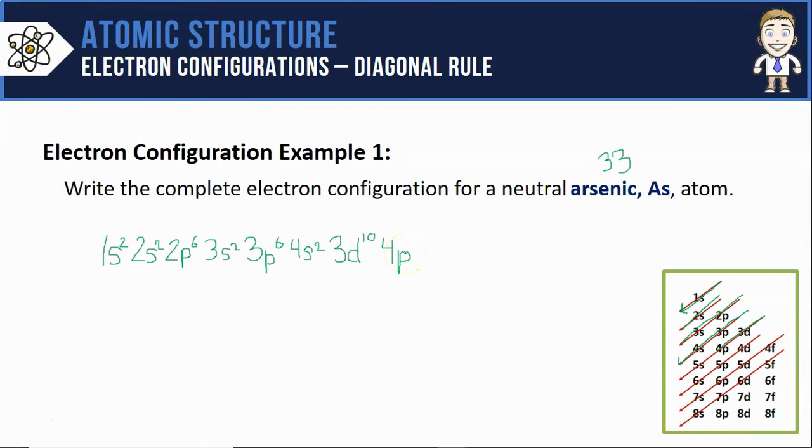Now remember, we also only have to get up to 33 electrons. So far I have 2, 4, 10, 12, 18, 20, 30. So that means my p orbitals, which could hold 6, don't have to. They only have to hold 3 electrons to get up to the total of 33, making this my final complete electron configuration for a neutral arsenic atom.